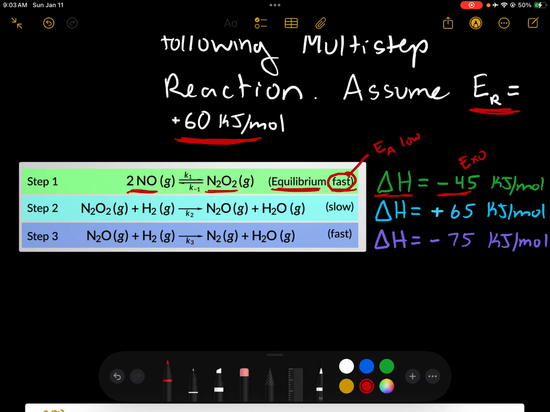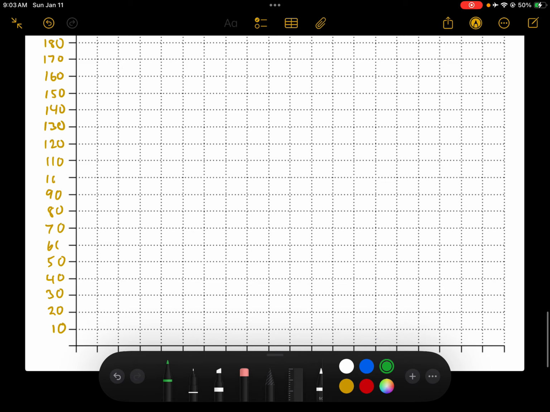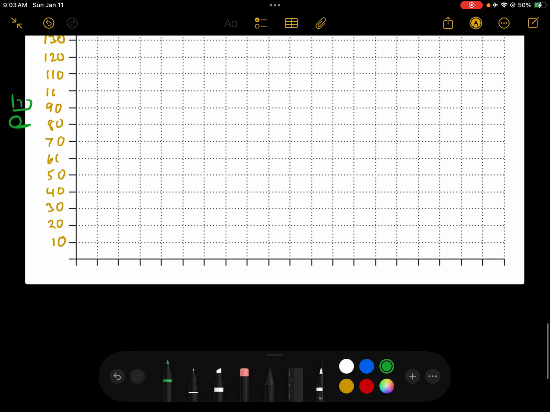Once again, I'm going to do this in green since it's the green step, and we're going to start at positive 60 kilojoules per mole. Potential energy is on this side of any potential energy graph, and our x-axis is always going to be time or reaction progress.